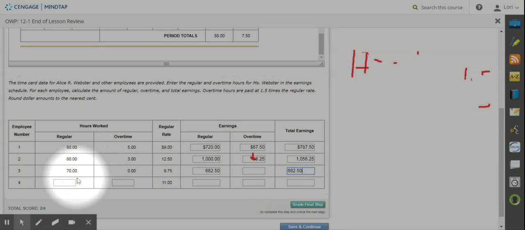And so she worked 88 regular hours and 7.5 overtime. And so we do 88 times 11, and that gives us 968. We'll do 7.5 times 11 times 1.5. We end up with 123.75.